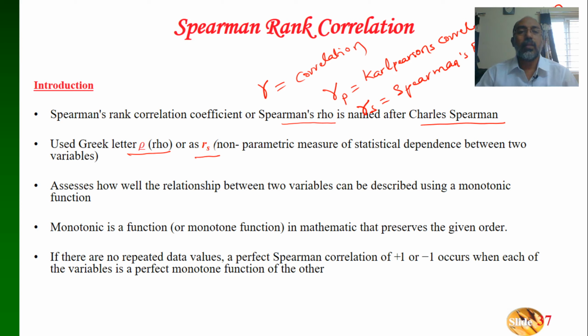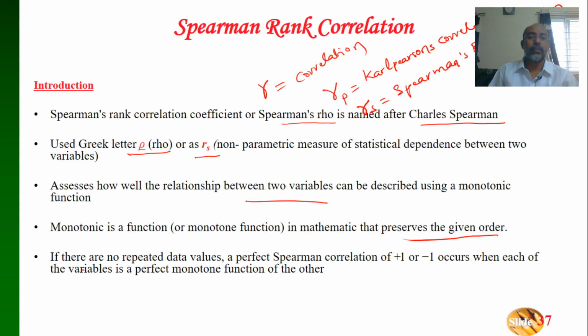It is calculated in the same way as we calculated in the Karl Pearson method, but the only difference is that we take the ranks of the two variables. Monotonic is a function in mathematics that preserves a given order.